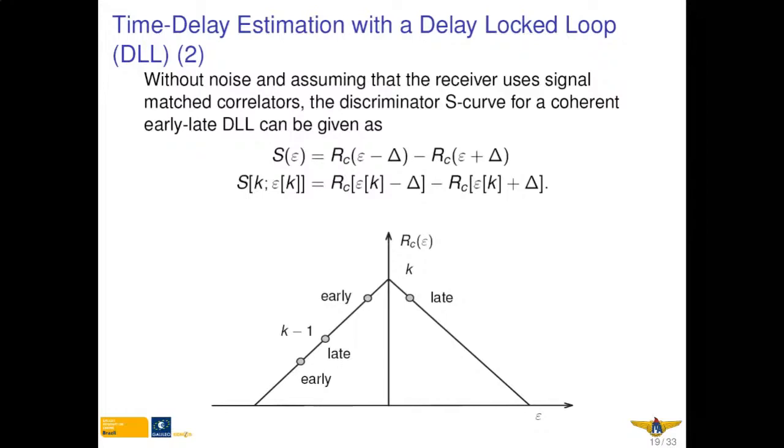Then the DLL will drive us in the next step closer to the peak, and finally to the peak of this autocorrelation or cross-correlation function, where early needs to be left of the peak and the late correlation needs to be right of the peak. With this mechanism, the delay lock loop is tracking the signal over time.